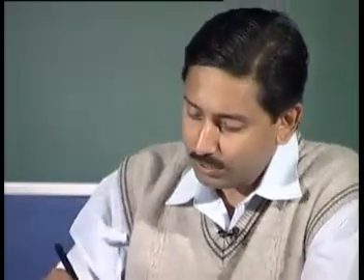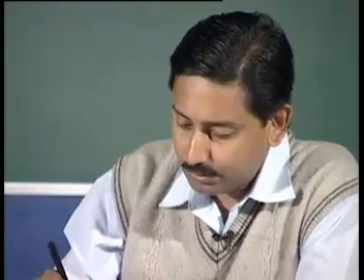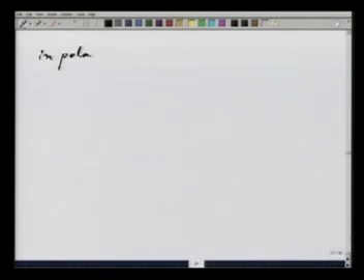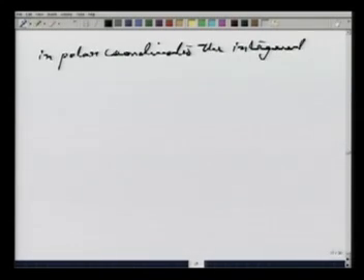Once I know that, I can get the variation of r also. So in polar coordinates, the integral is, let me write the 3 integrals, I will put the limits later.